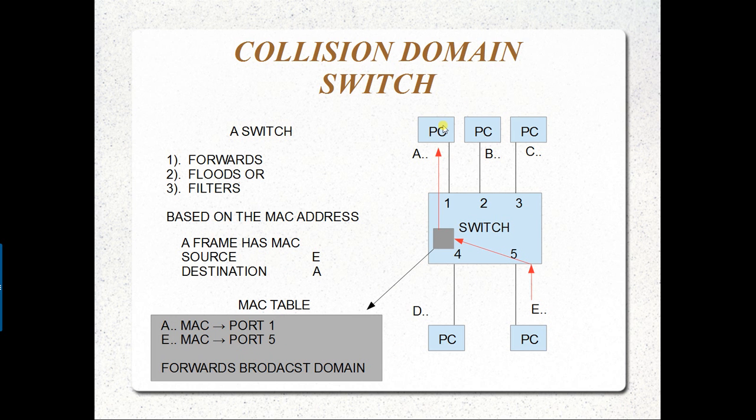It forwards directly to A. So as the switch begins to learn which ports and which MAC addresses are attached to each port, it assigns that to its table, and from that table it begins to send data from one source host to a destination host only, by forwarding the data. So we can see how it's building the table and forwarding the data, and that's a huge improvement from the days of hubs.